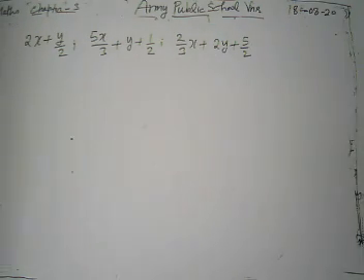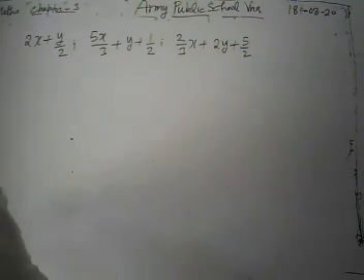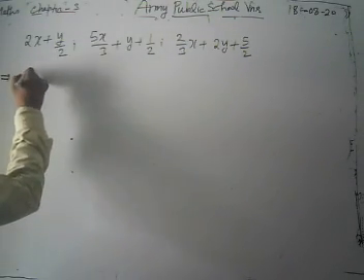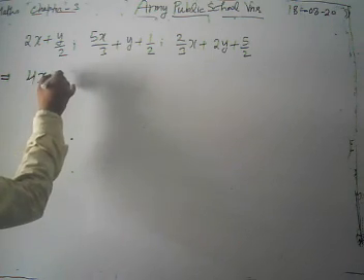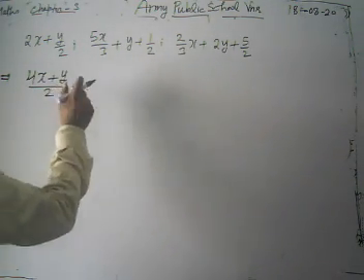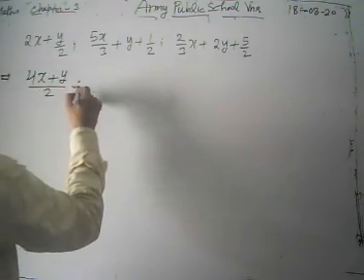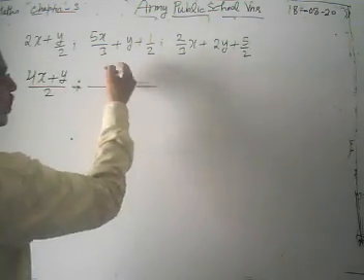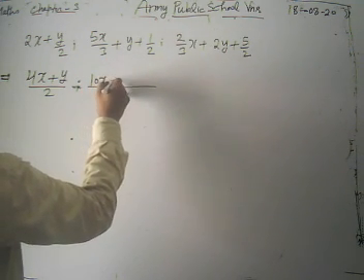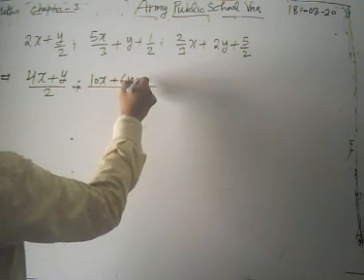Look, first of all we are going to simplify our equations. Taking LCM, our first side is 4x plus y by 2. For the second, the LCM of 3 and 2 is 6, then we get 10x plus 6y plus 3.